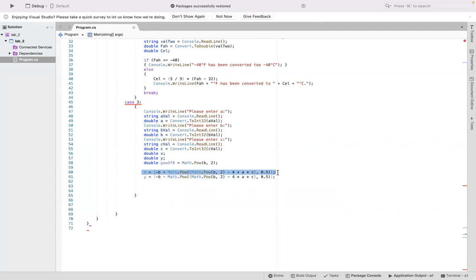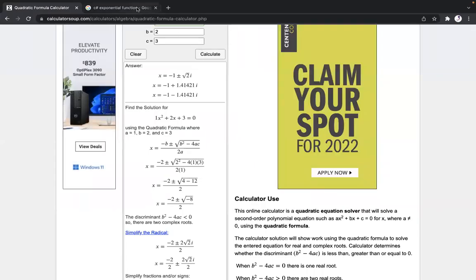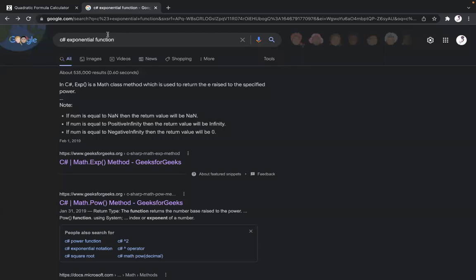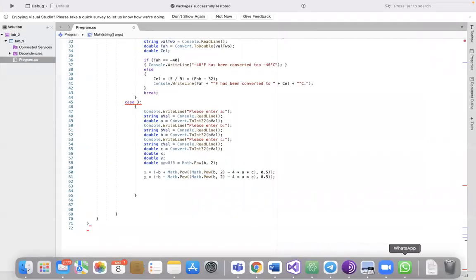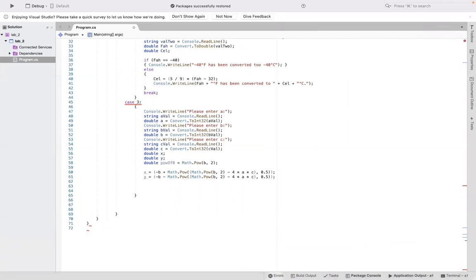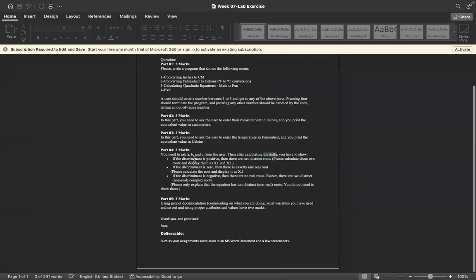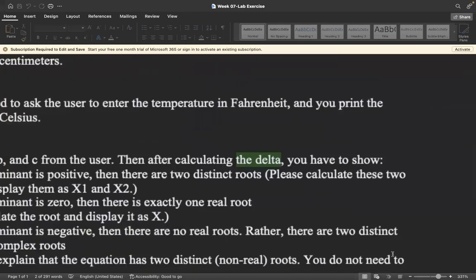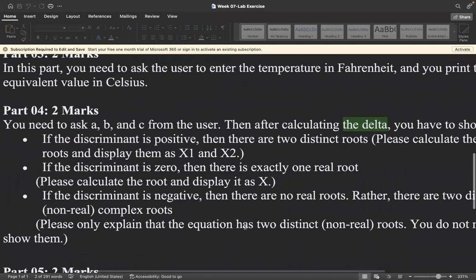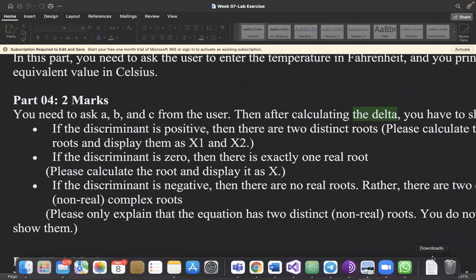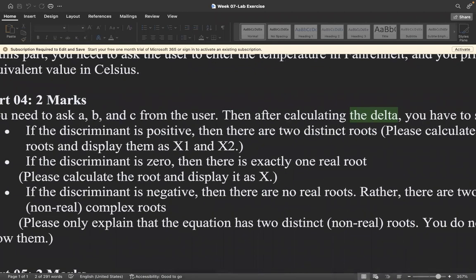So with these two values, let's refer back to the question, the criteria. So let's take it one point at a time.